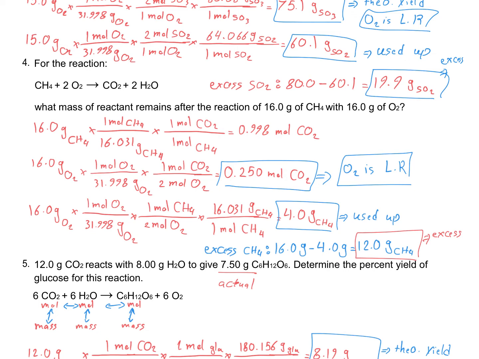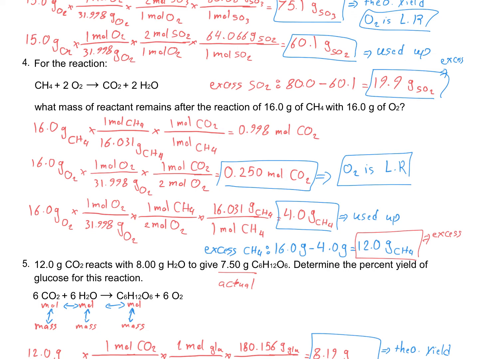It doesn't matter, as long as you do it for both CH4 and O2, comparing them with the same unit, it should be fine. For the previous question, it's just because the question was asking about the theoretical yield, and theoretical yield is the mass of product with the limiting reagent. So we had to find the mass of product anyway, so I went ahead and found the mass of product for both of them. But for this one, since we don't want the theoretical yield, I just stopped at the mole.